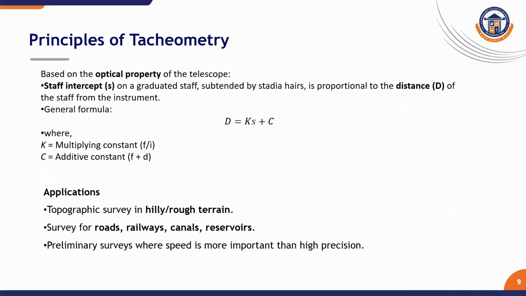By reading the interval on the graduated staff between these two stadia hairs, we can compute the distance from the instrument to the staff using a fixed formula known as the stadia formula, D equals Ks plus C, where K is the multiplying constant, S is the staff intercept, and C is the additive constant.